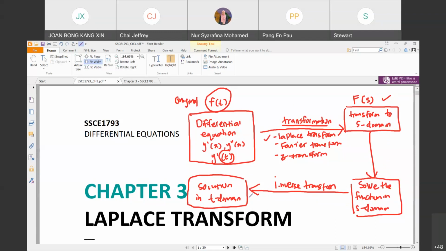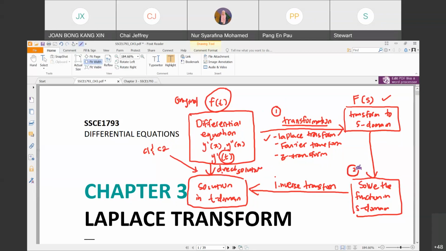So previously, in chapter 1 and chapter 2, what we did is directly solve this differential equation to get the solution. Okay, this is direct solution. But now, instead of direct solution, first we need to transform, and then we have the S domain function.